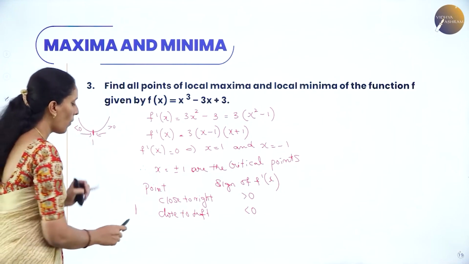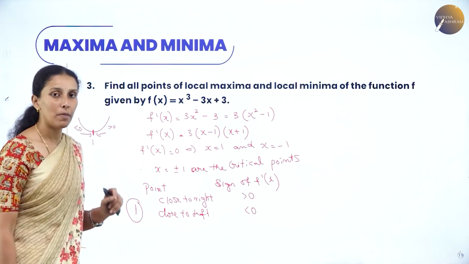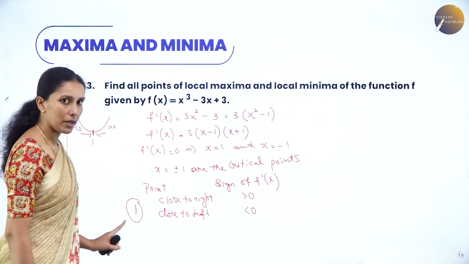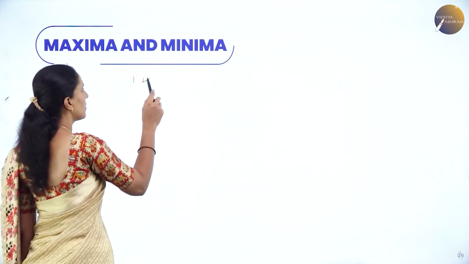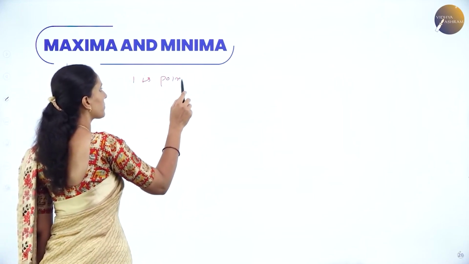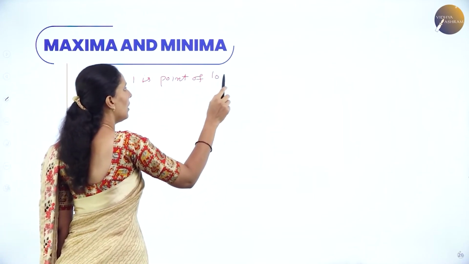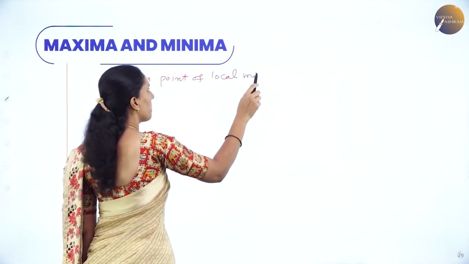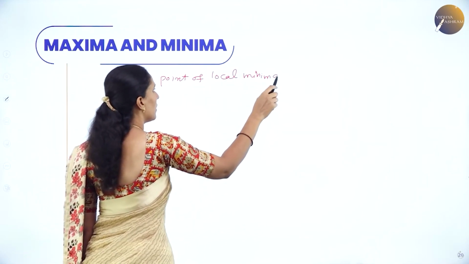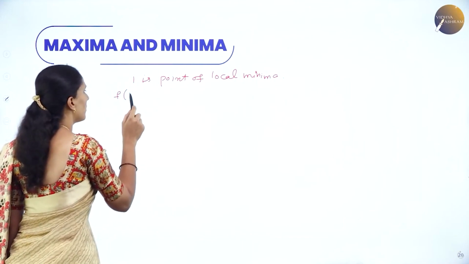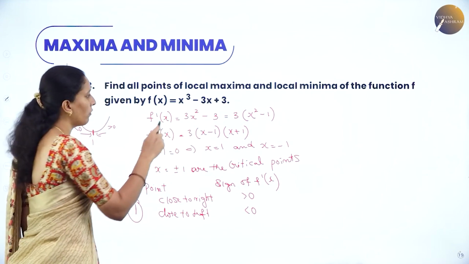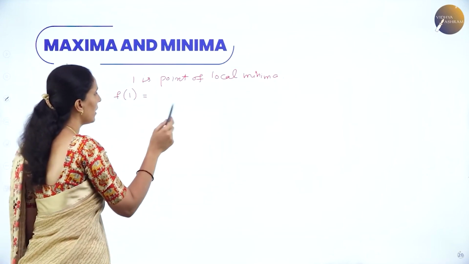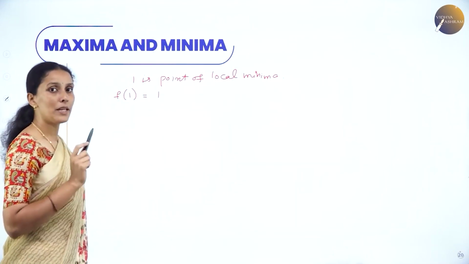This means 1 is the point of minima, that is, 1 is the point of local minima. And what will be f of 1? f of x is x cube minus 3x plus 3. f of 1 will be 1 minus 3 plus 3, which is 1, the minimum value.